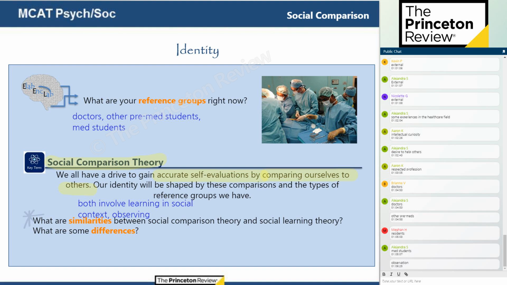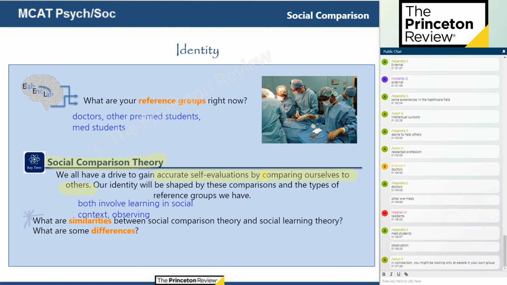What are differences between social learning and social comparison? Right.